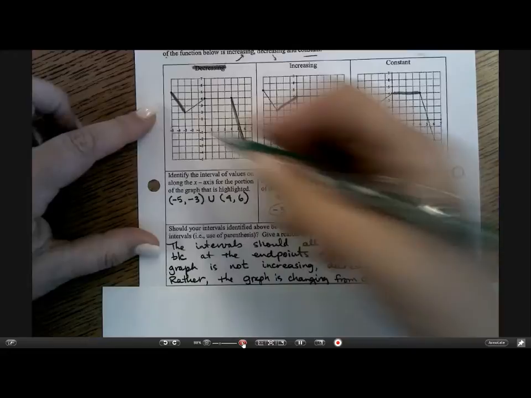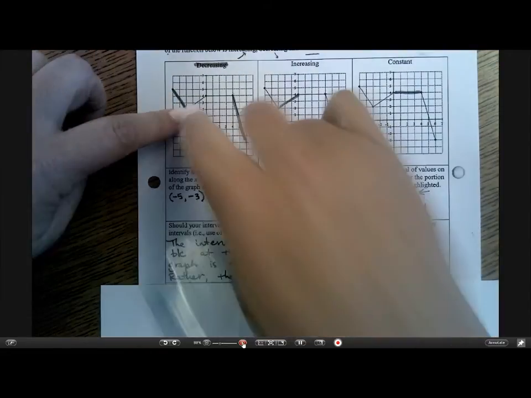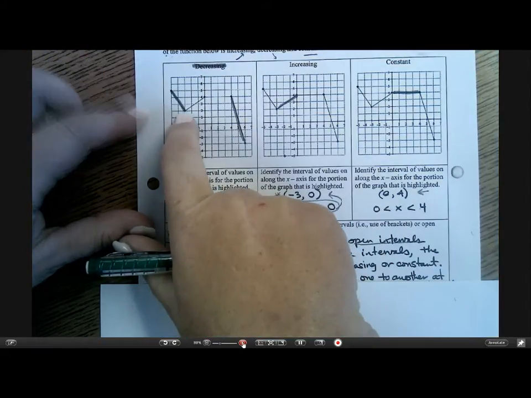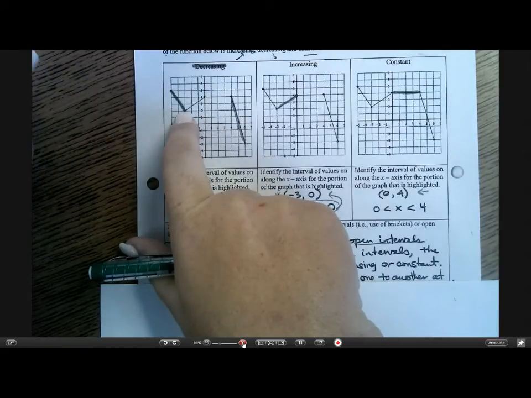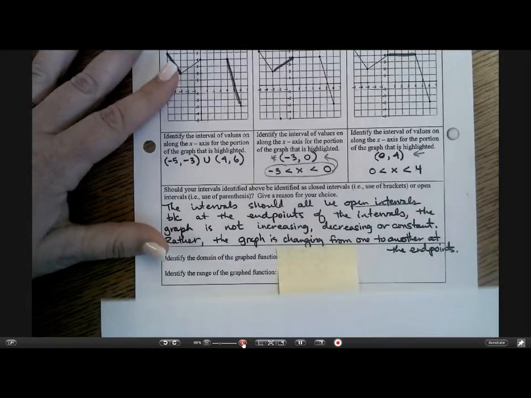So, for example, it's like you're going down and then you stop and then you're going back up. So nothing is happening right there at that turning point. Well, something is, but it's not decreasing or increasing. So you will always end up using parentheses, and we can discuss it more in class.